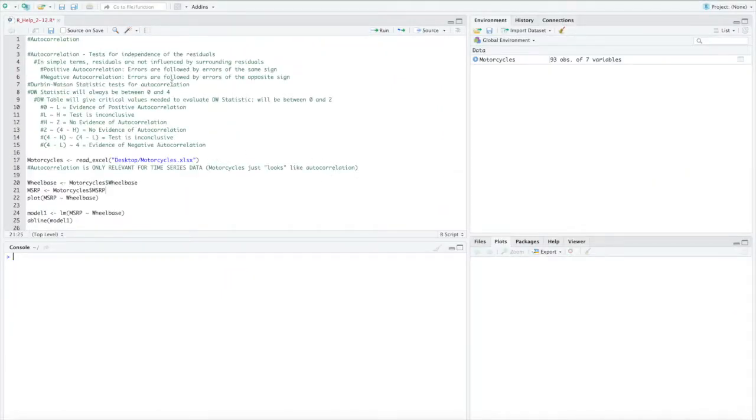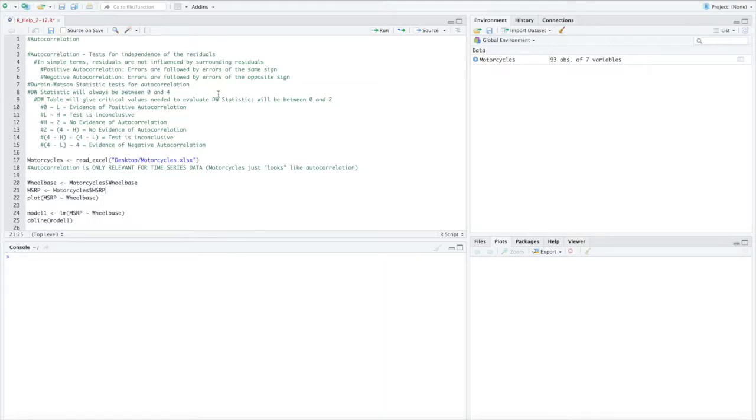In order to test for autocorrelation, we're going to use something called a Durbin-Watson statistic. A Durbin-Watson statistic is a number between 0 and 4. What you're going to do with this number is use a table that will probably be given to you either during an exam or during your homework, and compare the Durbin-Watson statistic to two critical values that you'll find from this table.